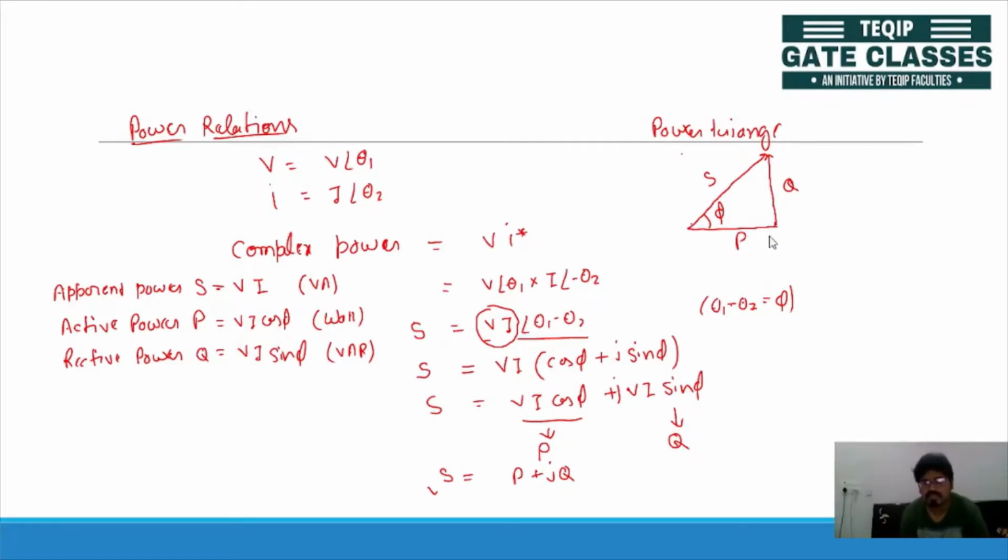So from here you'll get another formula for power factor: cos phi is equal to base upon hypotenuse, that means P upon S, active power divided by apparent power.